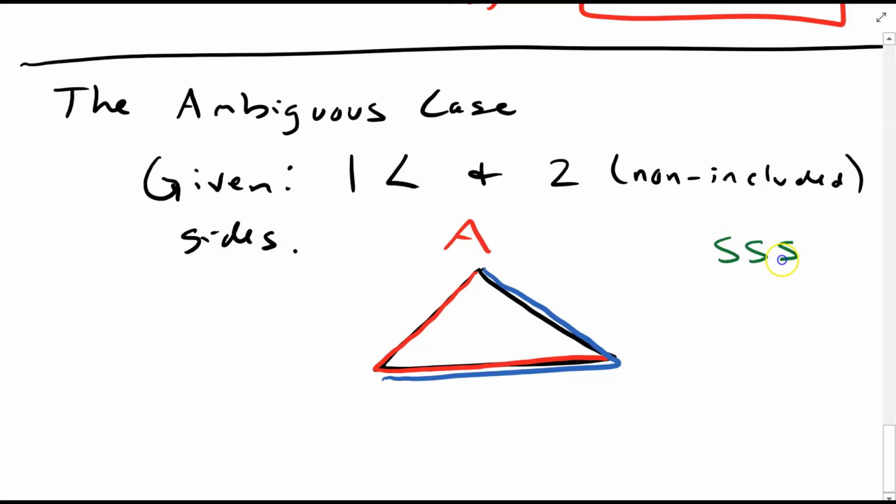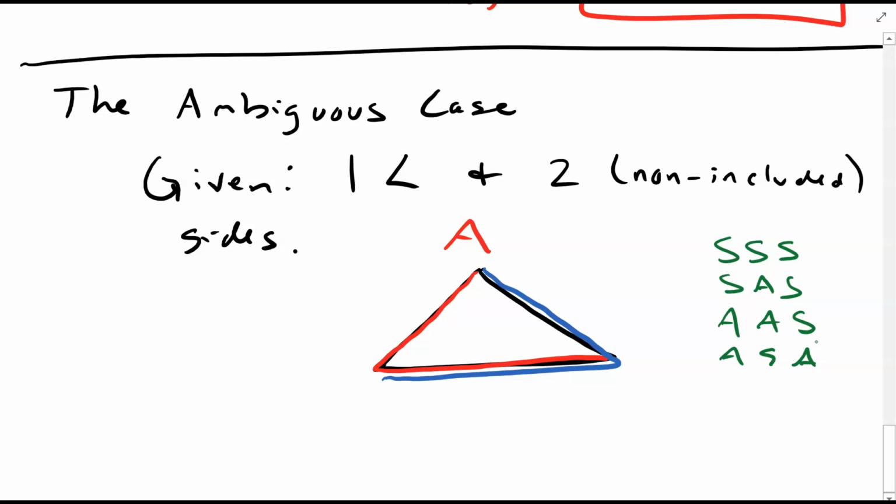So side, side, side, yup. Side, angle, side, which would be if I had the one angle and the two included sides, right? Okay, you said angle, side, angle, yes. Thank you.